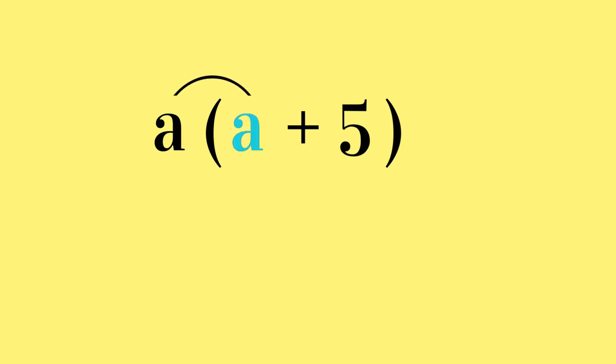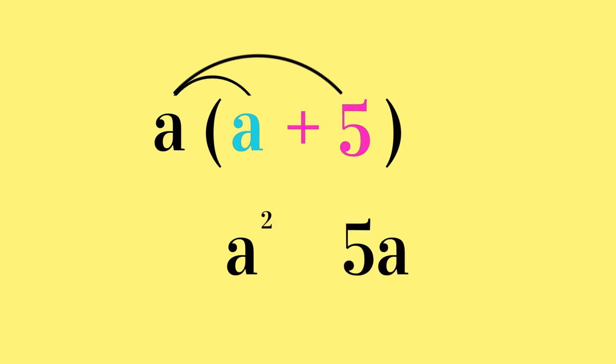A number multiplied by itself is a square number, so we get a squared. Then we have a multiplied by 5, which is 5a. So the final expression is a² + 5a.